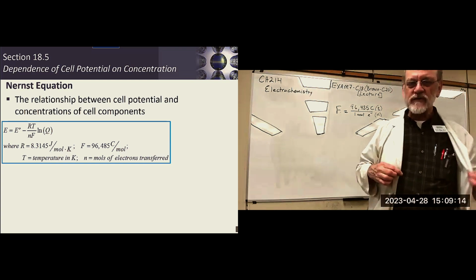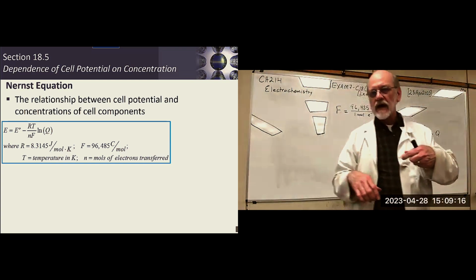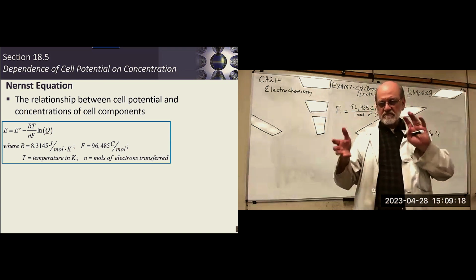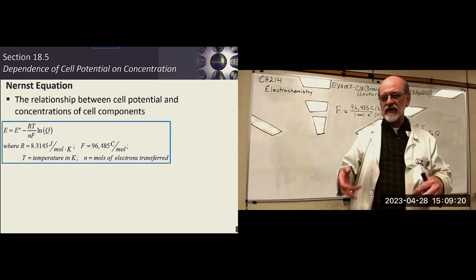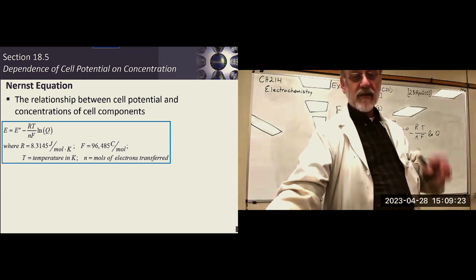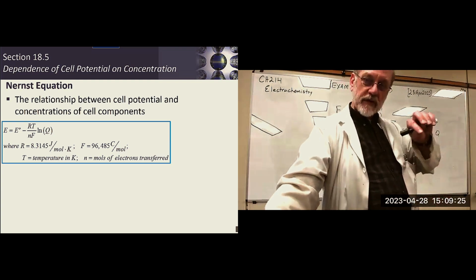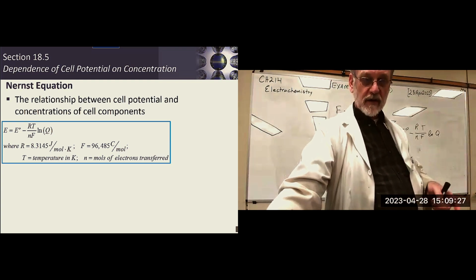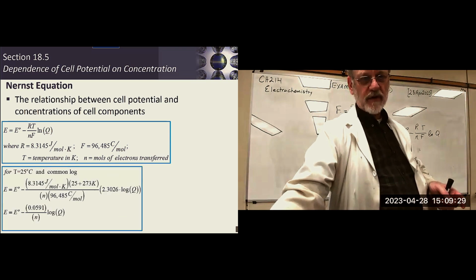So what we've done is we've converted the equation so that we can use it under most standard temperature conditions. We've also converted the natural log to common log, which is sometimes easier to work with.